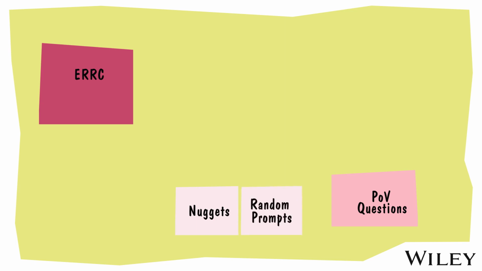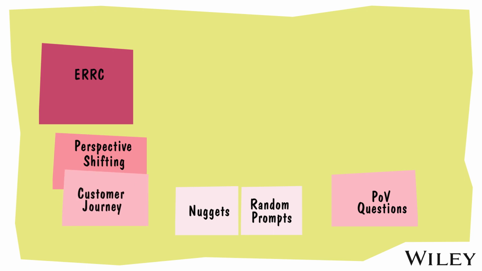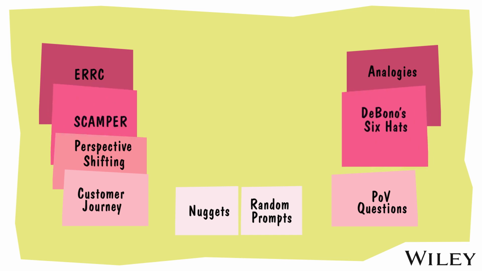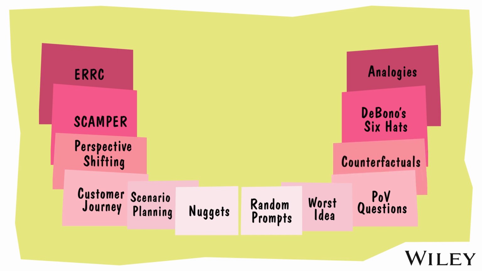They are ERRC, nuggets, point of view questions, random prompts, perspective shifting, customer journey maps, analogies, De Bono's 6 thinking hats, SCAMPER, worst idea, scenario planning, counterfactuals.